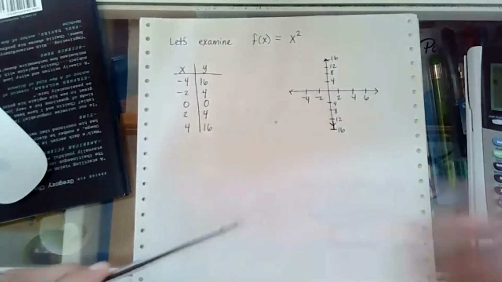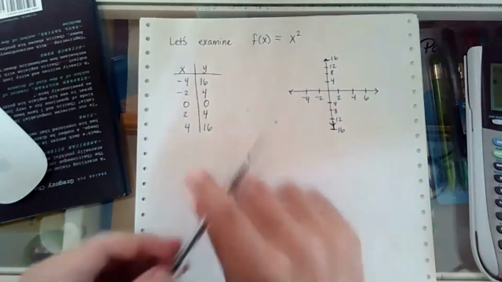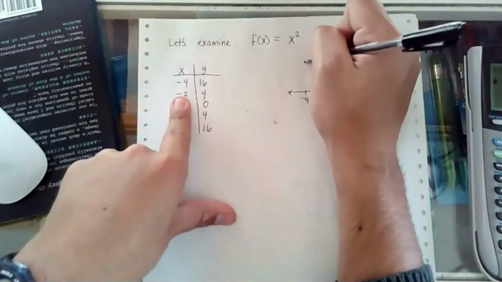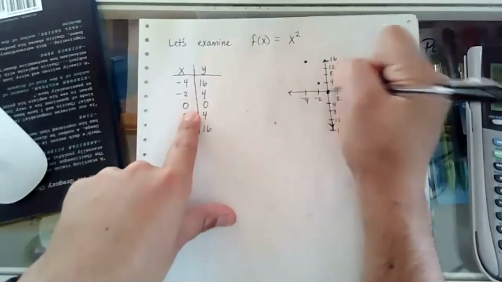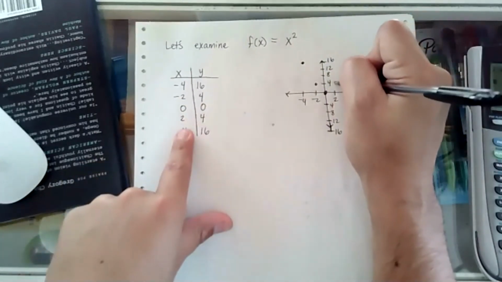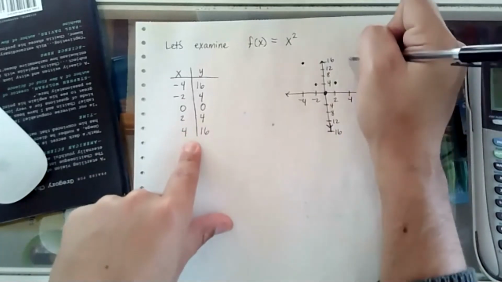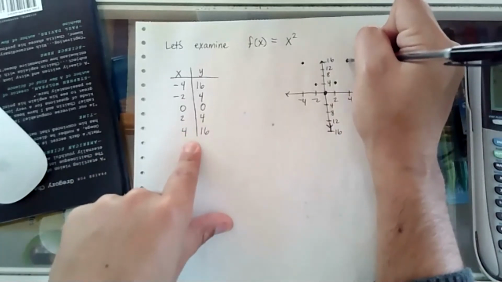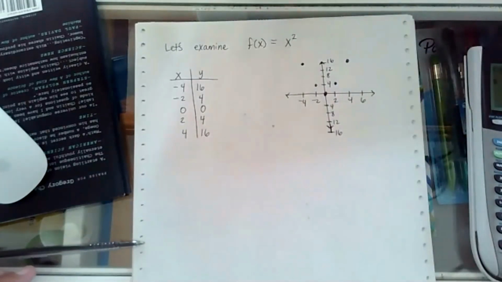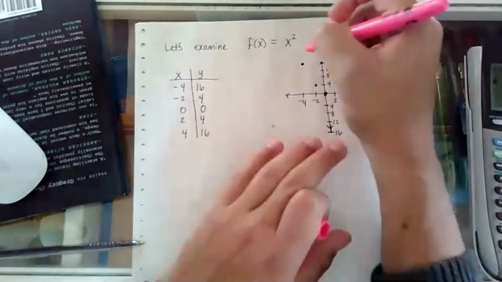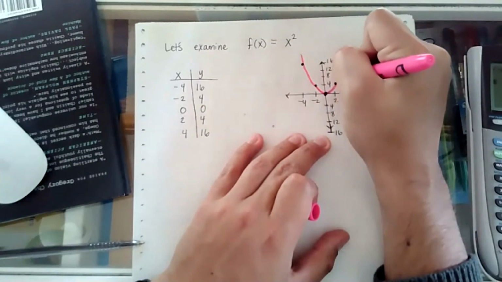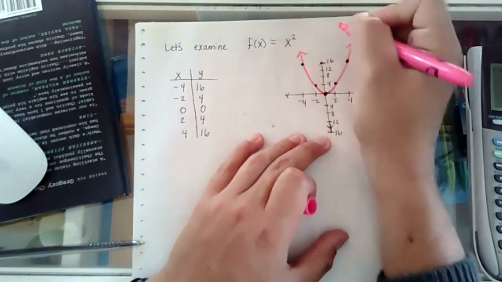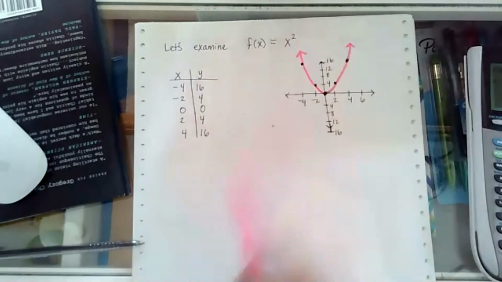Not super pretty, but when we plot these points, we should get -4 and 16, -2 and 4, 0 and 0, 2 and 4, 4 and 16. It sort of looks like a V shape, but if you were to graph this in Desmos, you would see that this is a naturally curving function. So you can always graph the equation if you want to get a good idea of what the picture looks like.